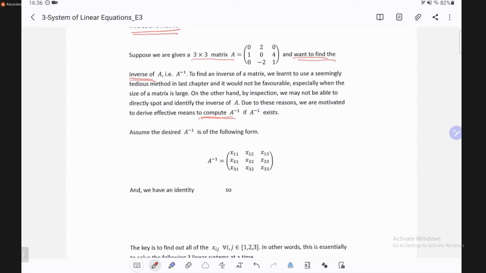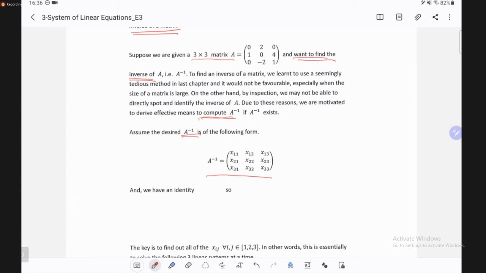In order to find A inverse, I first assume that A inverse will take the following form. Here you can see that when you assume A is a 3 by 3 matrix, naturally you can simply write down the dimension of A inverse to be a 3 by 3 matrix as well.